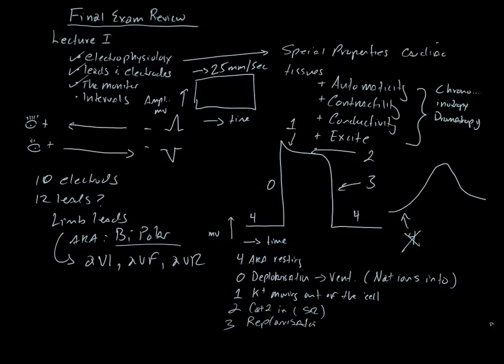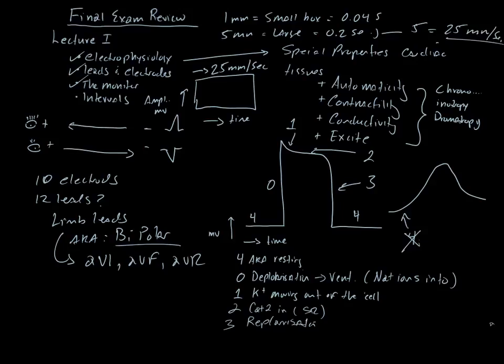Remember, 1 millimeter is one small box, which equals 0.04 seconds, right? 5 millimeters is a large box, and that is 0.2 seconds. And you have 5 of them in 1 second, which gives you a total of 25 millimeters per second. You guys okay with that?